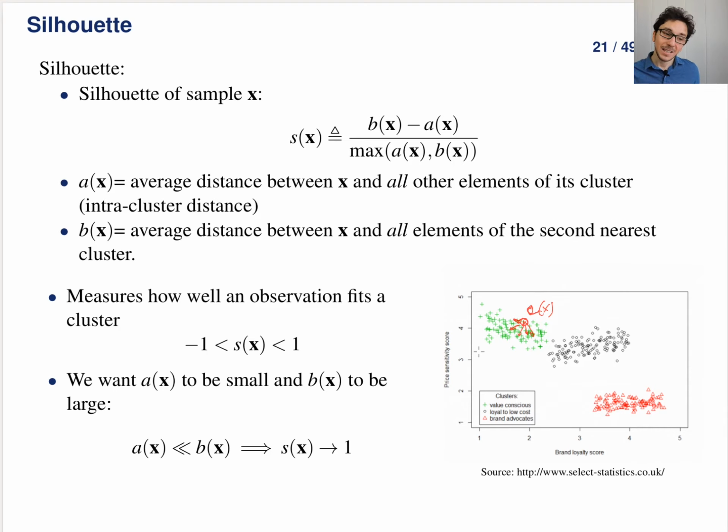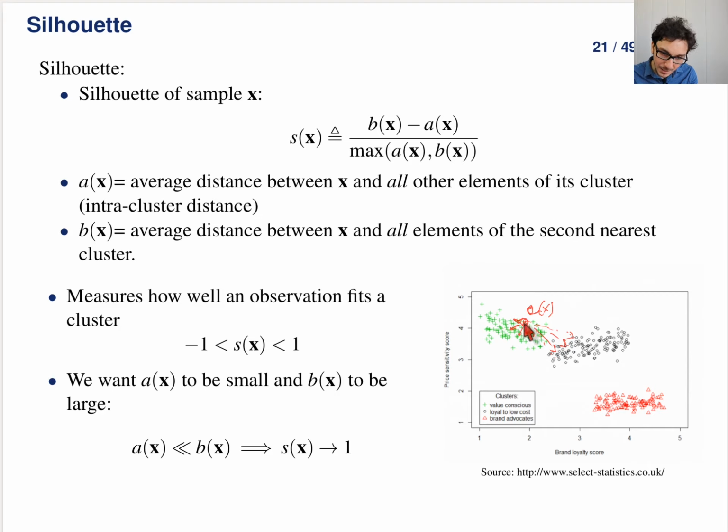Then B is instead the average distance between this point and all the points of the second closest cluster. So if we consider this X, the second closest cluster is this black one.